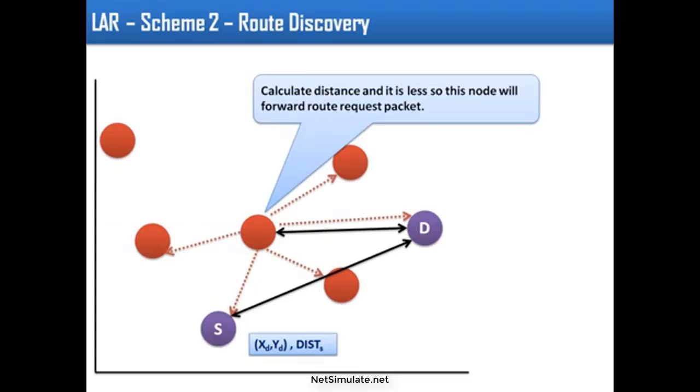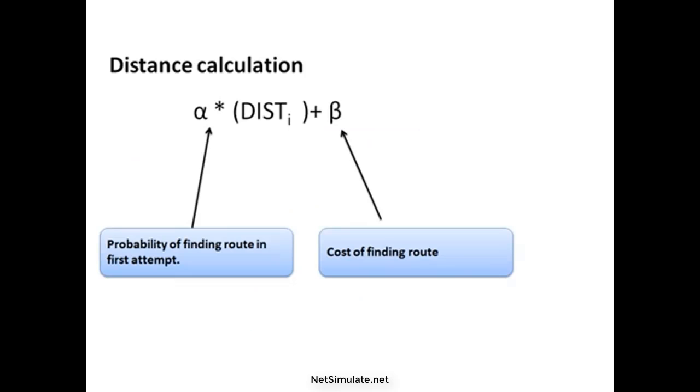In our example we just considered a distance, but actually this distance calculation includes two parameters, alpha and beta, where alpha represents the probability of finding a route in the first attempt and beta represents the cost of finding a route. Initially we consider alpha equal to 1 and beta equal to 0, which is equal to our last assumption, the last scenario we discussed.